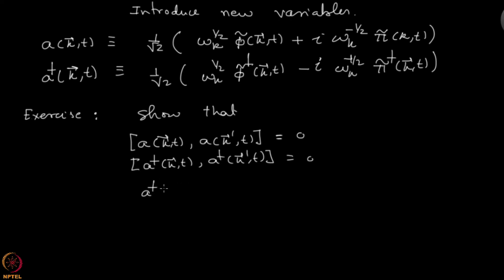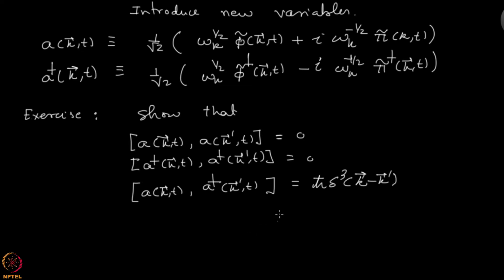And if you take a_k,t and a dagger of k prime,t, then of course it will not vanish and it will give you actually h bar delta cube of k minus k prime. So note the I is missing. You have an h bar delta cube k minus k prime.